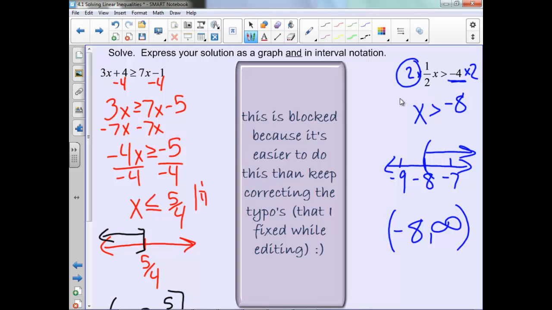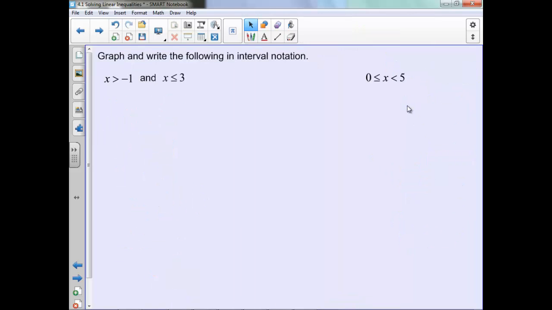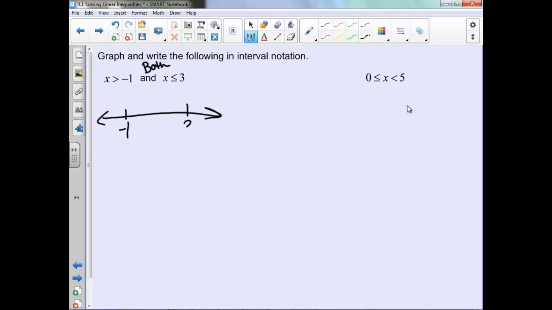Now we're going to deal with compound inequalities. And something to keep in mind, and means we want both of these inequalities to be satisfied. And one way to do this is to graph each of these separately. So let's start by graphing x is greater than negative 1, and I'm going to do these below, and you'll see why here in a moment.